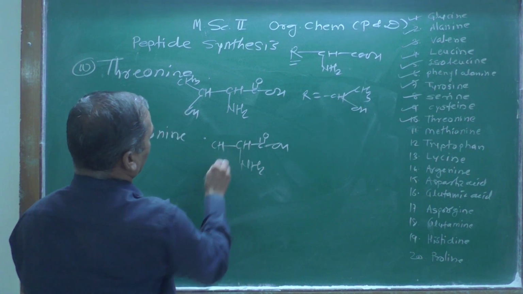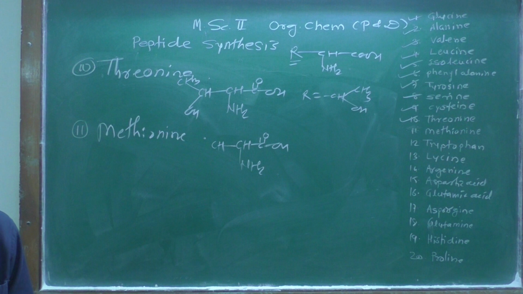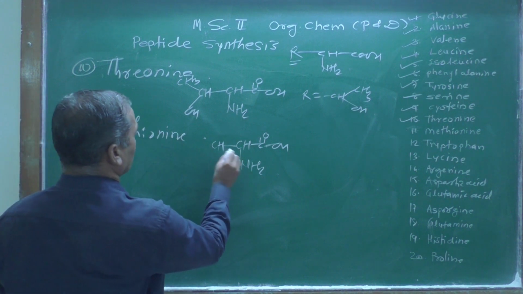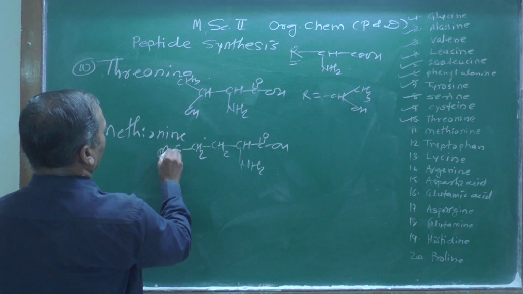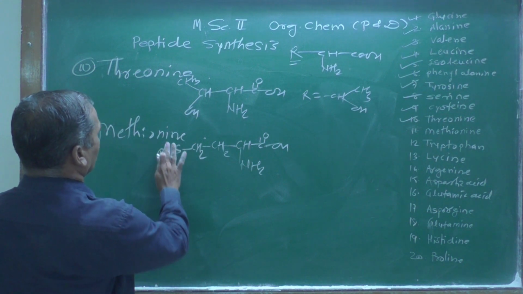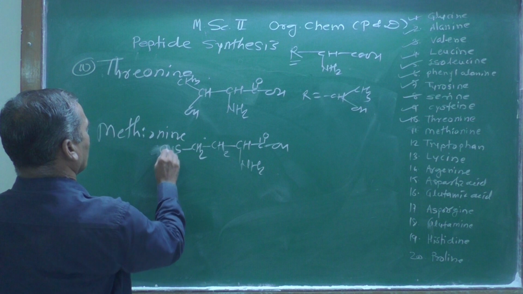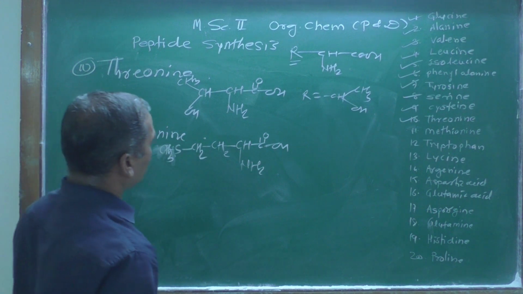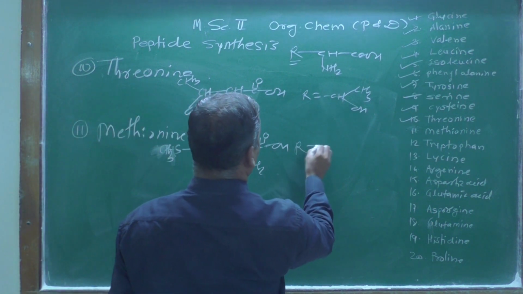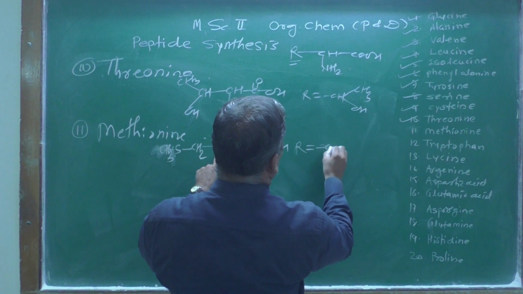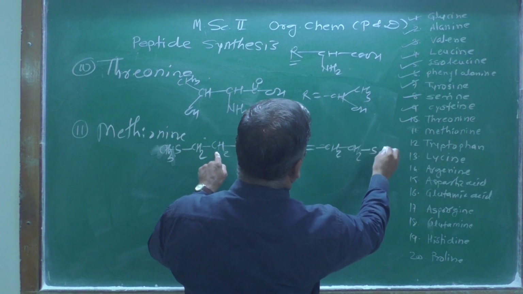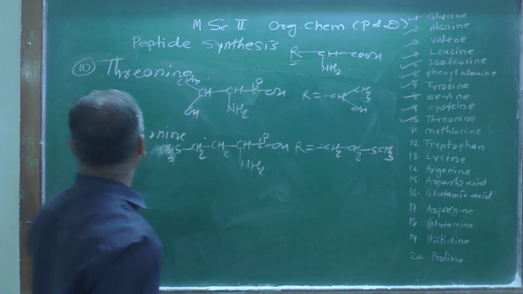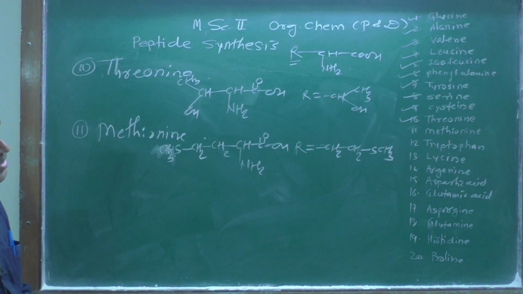Attached here is CH2, then CH2, then SMe, the CH3, and that's why it is R. The nature of R is CH2, then CH2, SCH3, and that is known as methionine.